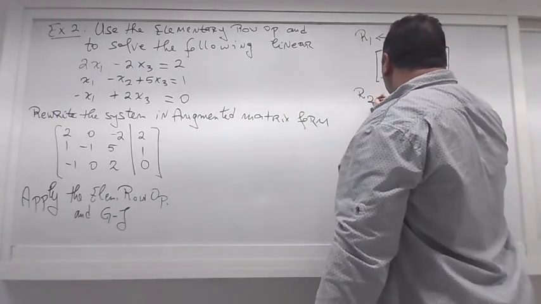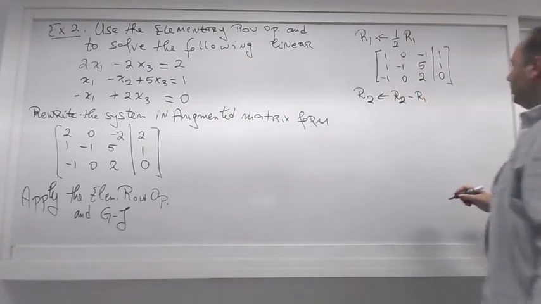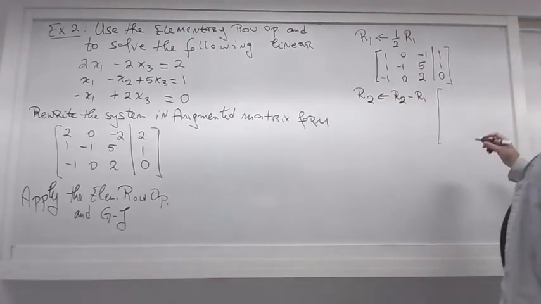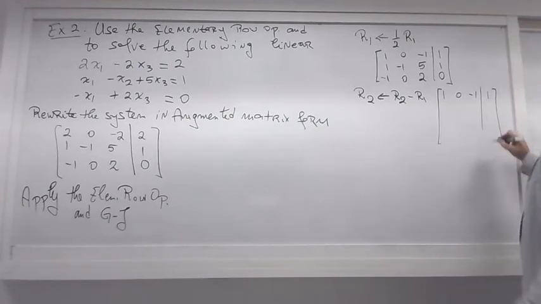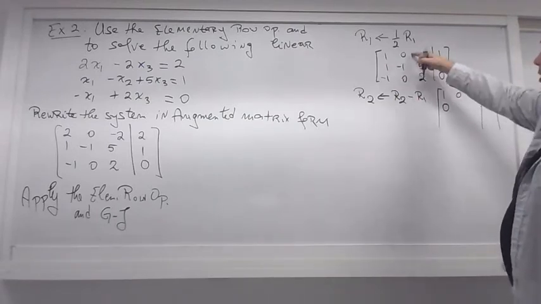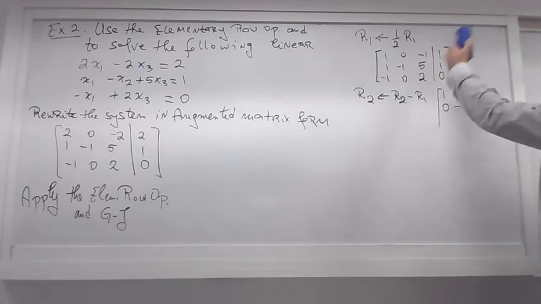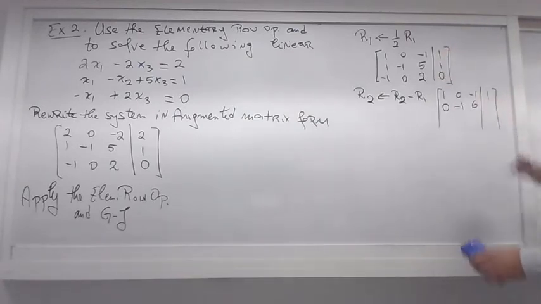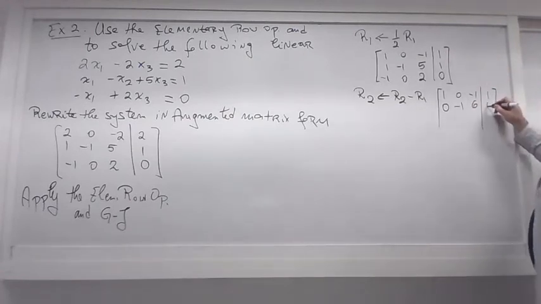To introduce 0 in row 2, I say row 2 minus row 1. So the first row stays the same. So 1 minus 1 is 0, minus 1 minus 0 is minus 1, 5 minus minus 1 is 6, and 1 minus 1 is 0.